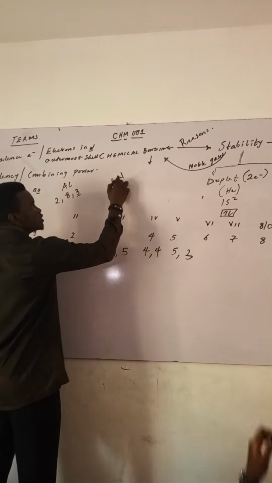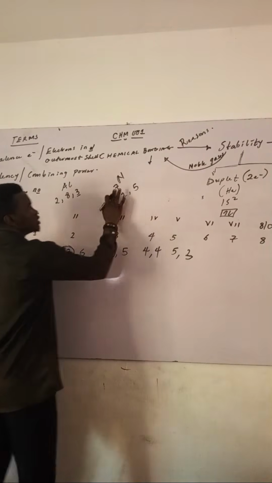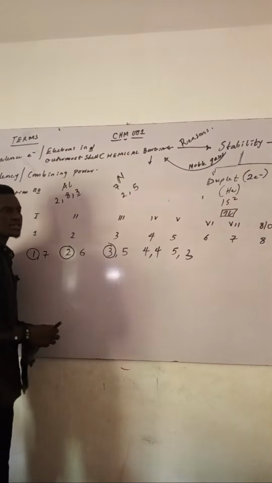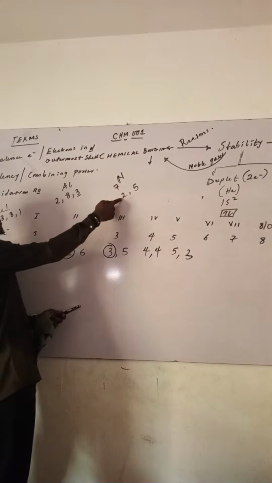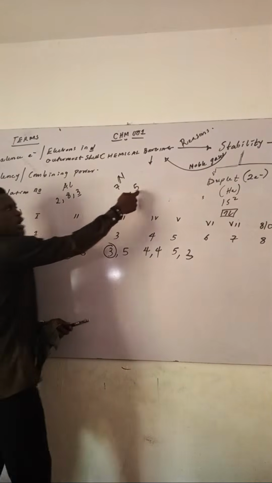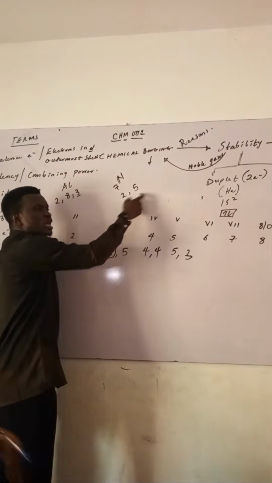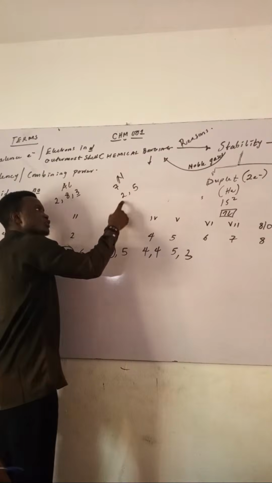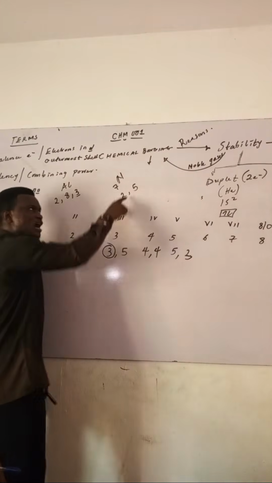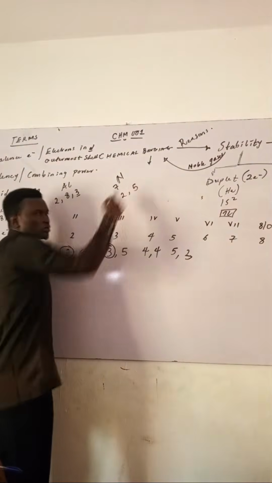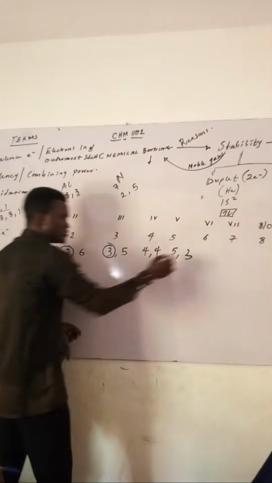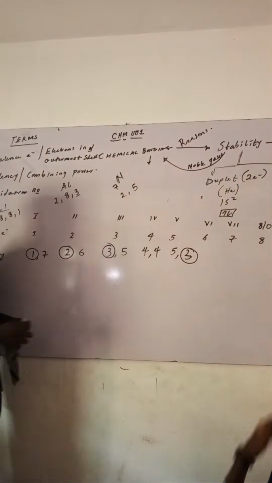Nitrogen is 2,5, right? What does it need to complete 8? 3. You know it can have 2 and it can have 8. So if it's going to have 8, that means it will need 3 more. If it's going to be 2, it will lose 5. So will it now prefer to lose 5 or gain 2 or gain 3? Gain 3. So that means it will prefer to gain 3.